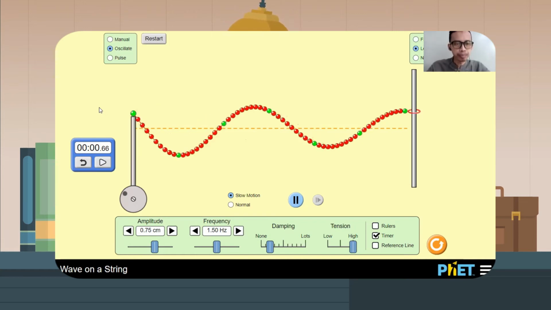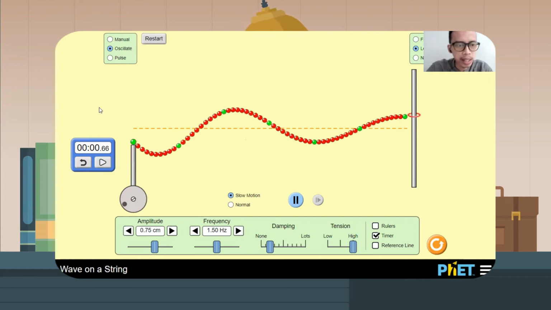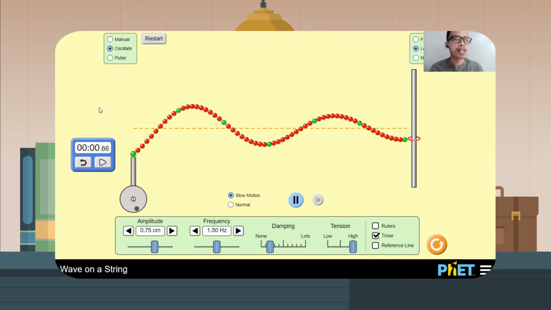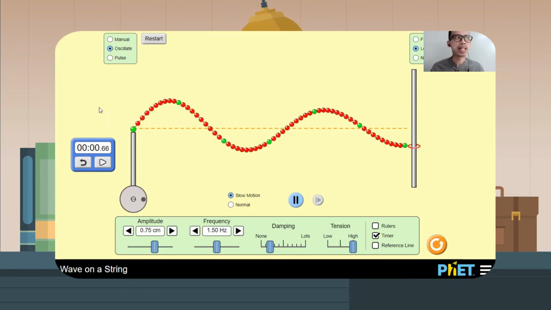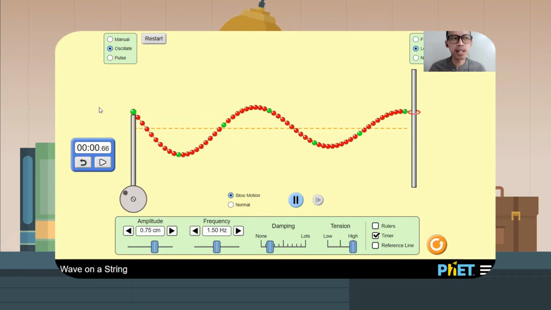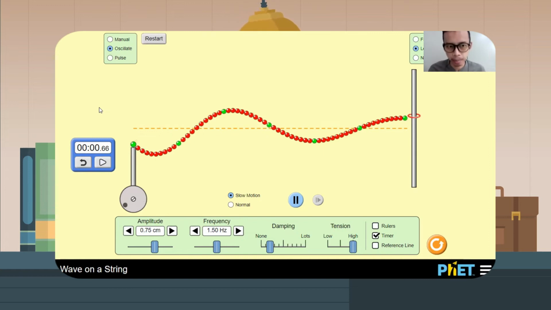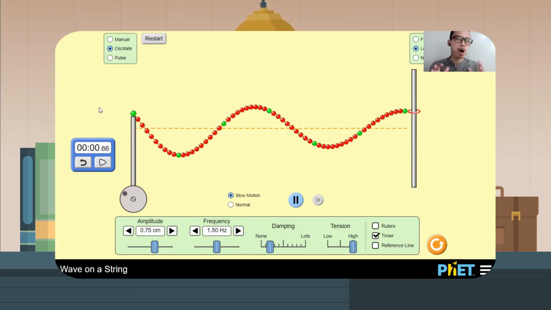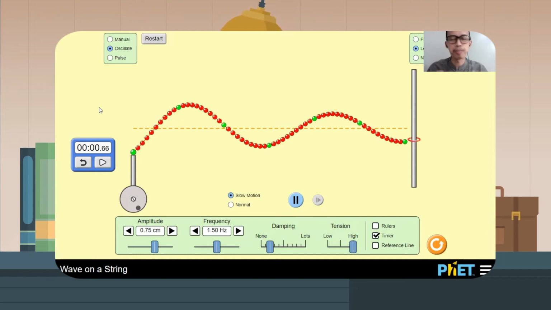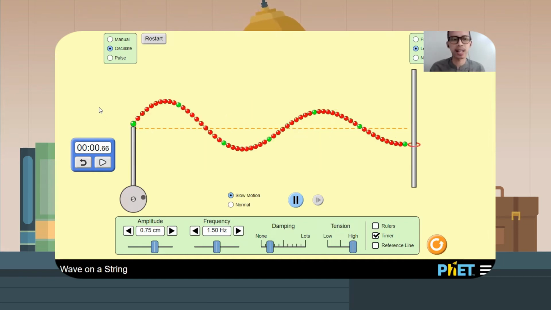And then the next one is frequency. We can describe frequency as the number of oscillations in a unit of time. Mostly we measure the frequency for 1 second.